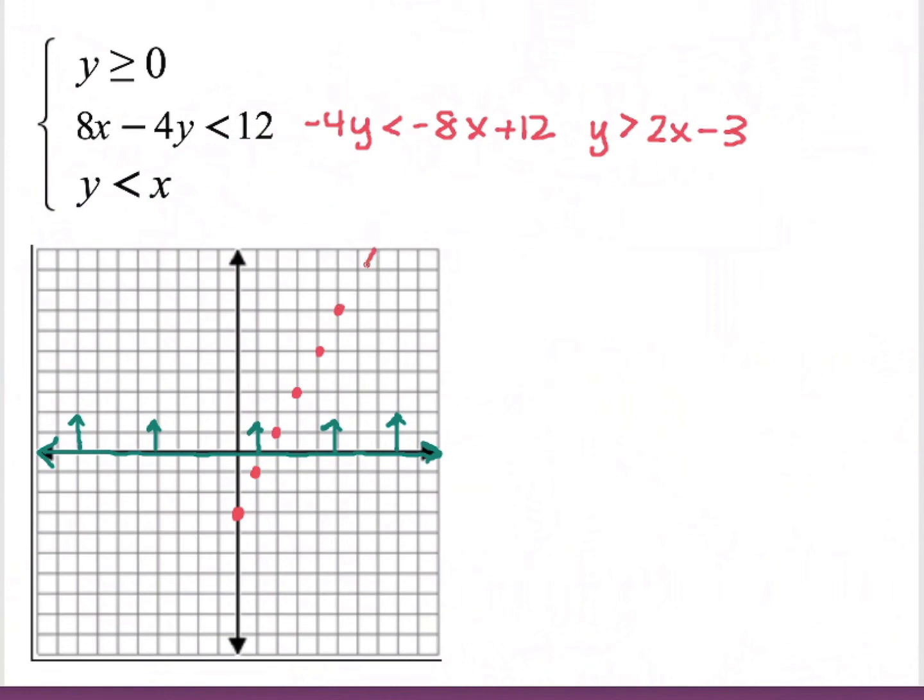That one's a dotted line. And then I'm kind of on this last one thinking of the line y equals x, or y equals 1x plus 0. So I'm going to start at 0, go up 1 over 1, up 1 over 1, up 1 over 1. And that one's another dotted line.